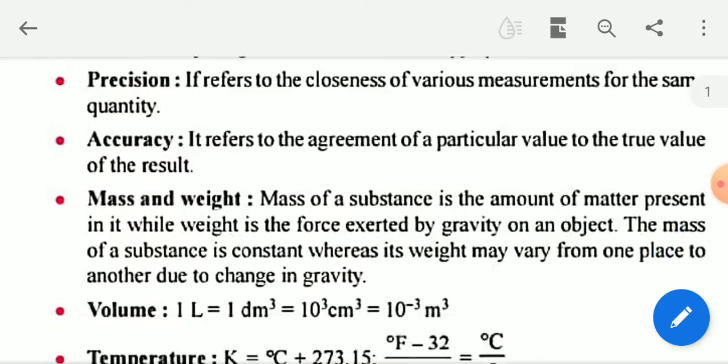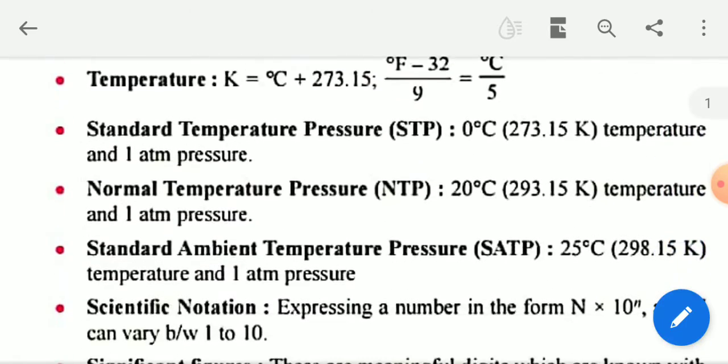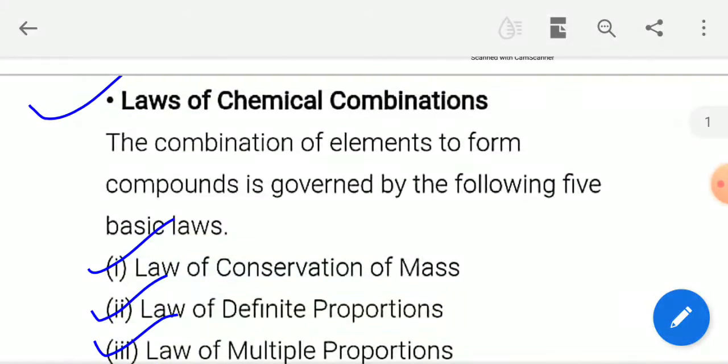Okay, so let's start. Today first I will discuss laws of chemical combination. So what are these laws? The combination of elements to form compounds is governed by some basic laws, and these laws are known as laws of chemical combination.